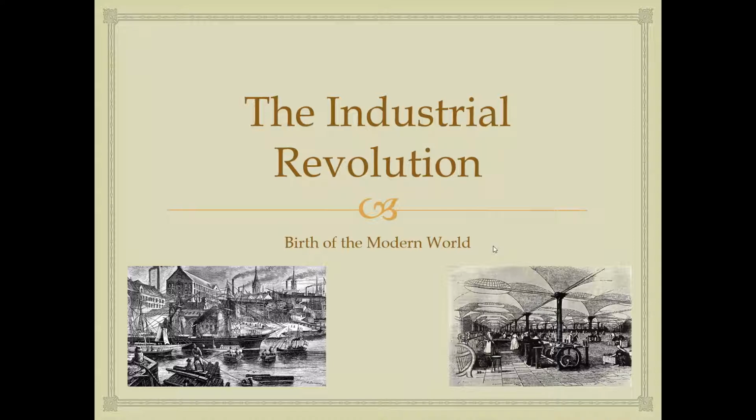And so we will go ahead and look at the Industrial Revolution and its origins in Great Britain. The Industrial Revolution, I break it down into two different eras. The Industrial Revolution basically goes from the 1700s till about the end of the 1800s, so the 18th and 19th century.